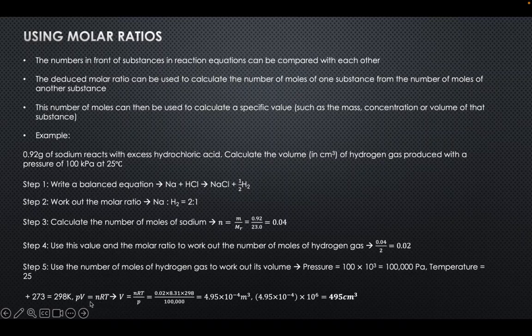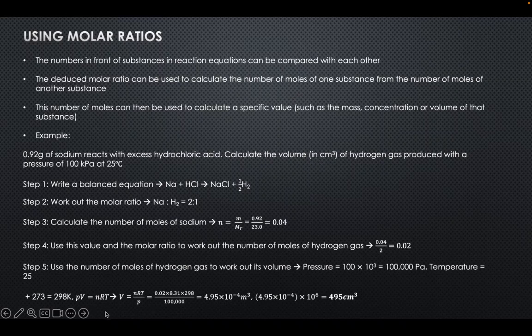Then we're just going to substitute our values into the rearranged equation of PV equals nRT for volume, which gives us a value of 4.95 times 10 to the minus 4 meters cubed. So, we're not done yet because the question wants this volume in centimeters cubed.